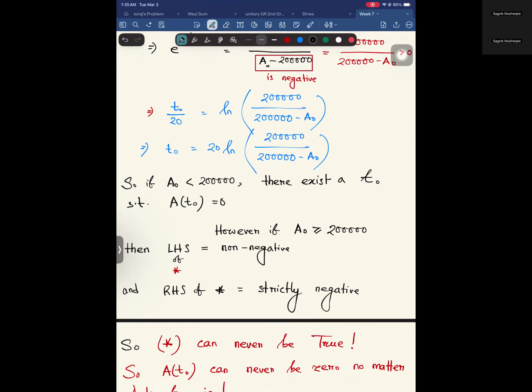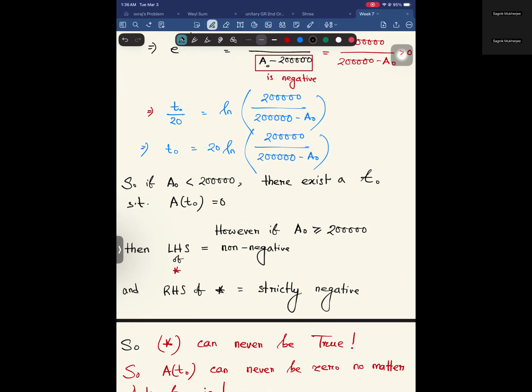One, you are withdrawing too much money every year, or your deposit is smaller. For example, if you keep withdrawing $10,000 every year, then any initial deposit of less than 200,000 will guarantee that your bank balance will ultimately be 0. But if your initial deposit is more than $200,000, then if you keep withdrawing 10,000 every year, you are still okay.